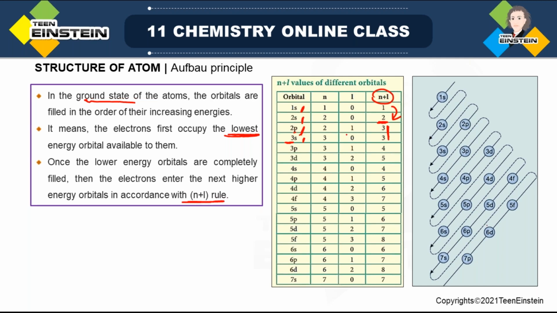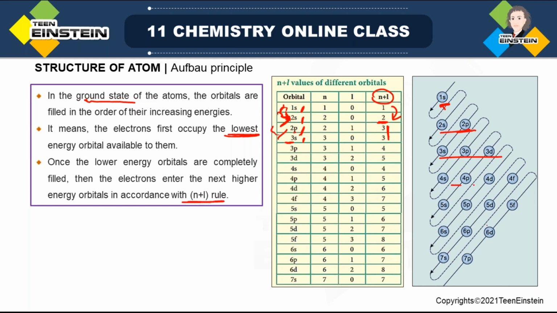Now these orbitals, as you have seen, go first 1s, then 2s, then 2p. It is arranged normally in this way, and it is very easy to understand. Just write 1s, and below 1s in the next line write 2s 2p. Then the next line write 3s 3p 3d, with the same principal quantum number.